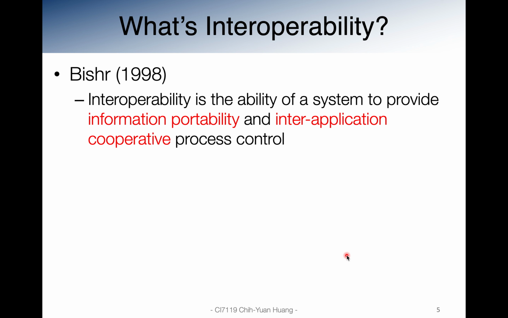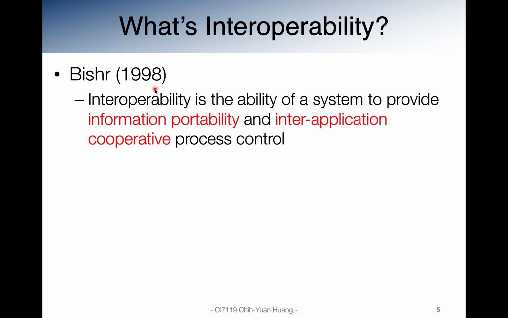Because our context is GIS, when you are talking about interoperability in GIS, there is a very important paper to cite or to read, which was written by Bishr in 1998.